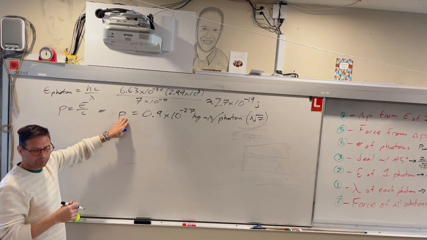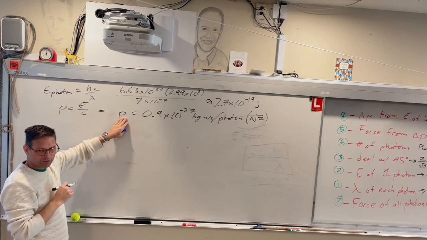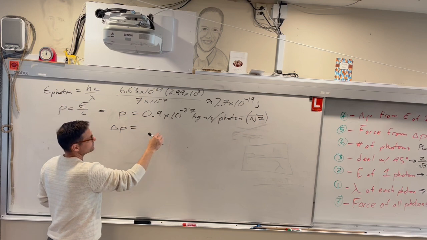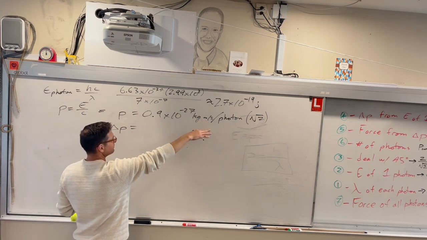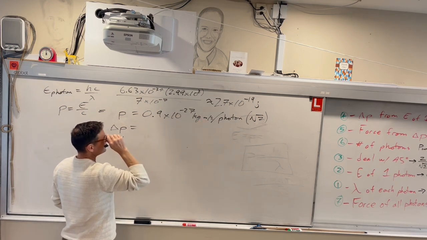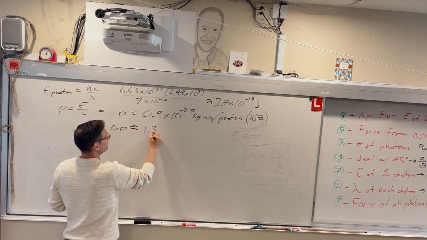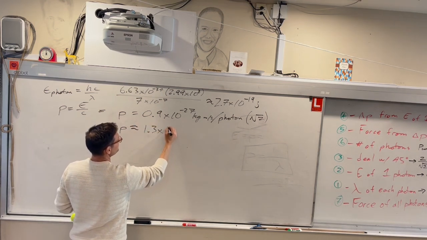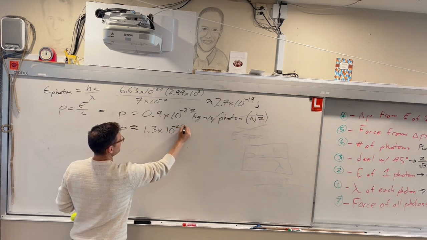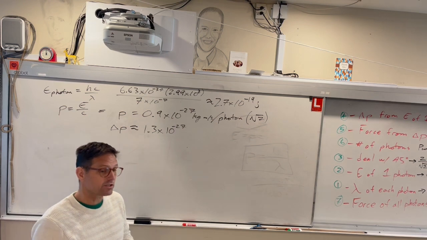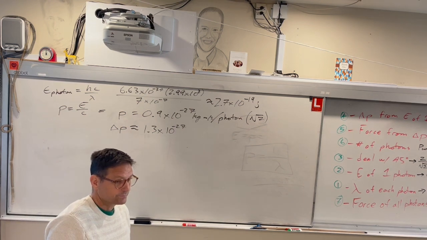This is the momentum that the photon has coming in. And the change in momentum is going to be 2 over root 2, or times root 2, of that. So if we multiply this by 1.4, we're going to have maybe like 1.3 times 10 to the negative 27. Oh, wait. It doesn't gain that much momentum, it changes that much momentum. Just the direction that changes?